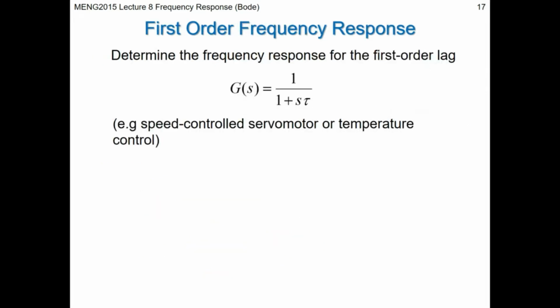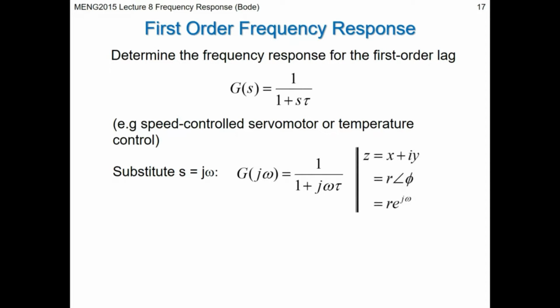So let's now apply it to our first order lag. The first thing we're going to do is substitute j omega for our s. So now our transfer function looks like this, our frequency domain transfer function. We've got our j omega in there, and of course that's a complex number.